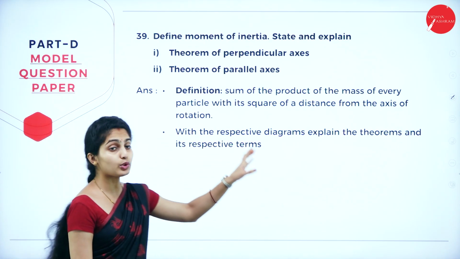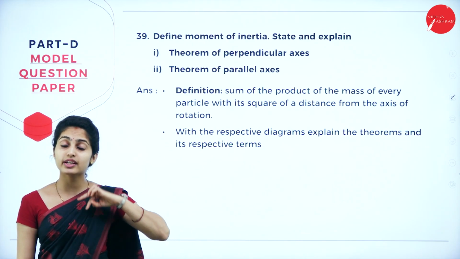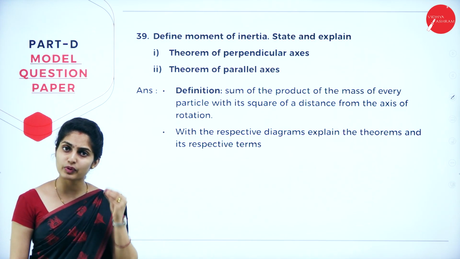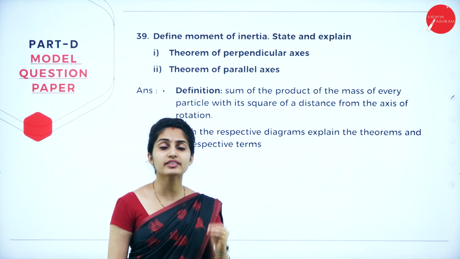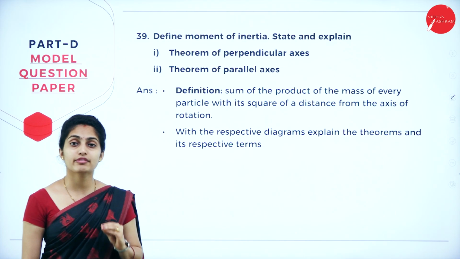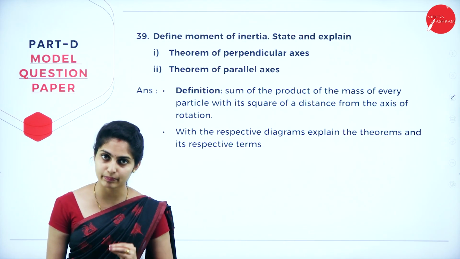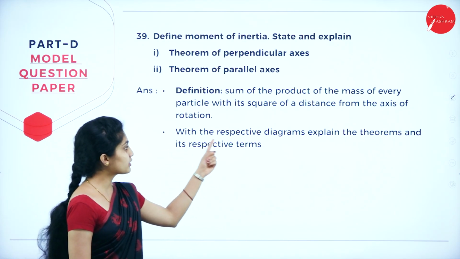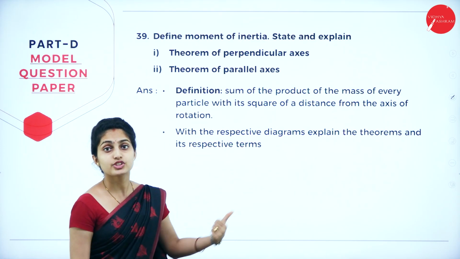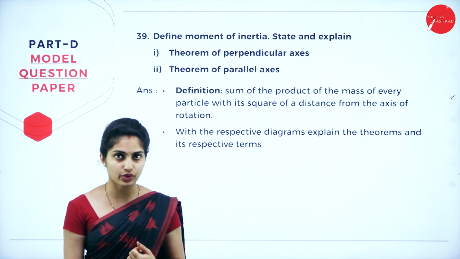So with respective diagrams, remember students, without the diagram don't go to explain the theorem. Relevant diagram is very much important, only then that specific question carries full marks. You have read the instructions of the question paper itself, okay. So with the respective diagrams, explain the theorems and its respective terms of the formula used, okay.